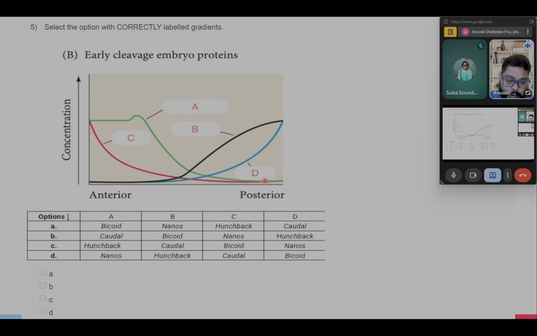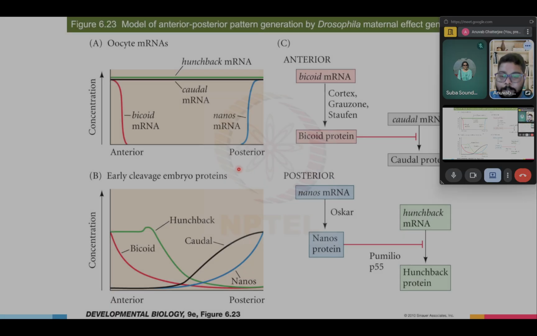Okay. Let us look at it. Okay, so as we have seen, bicoid and nanos mRNAs are very spatially restricted, so they have a very sharp gradient. They fall down very fast, whereas bicoid and nanos proteins have a mild, shallower gradient, so they fall down at a much lesser slope.